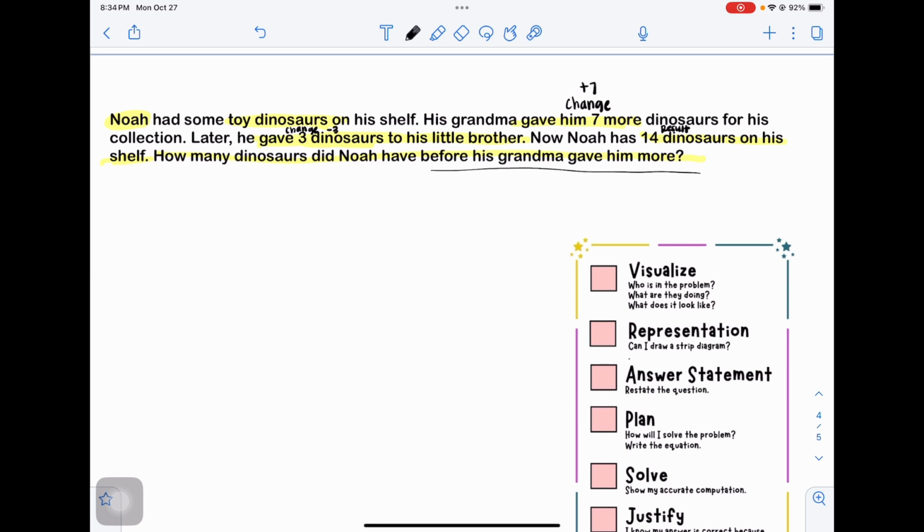Let's go ahead and set up our problem. We're going to go to visualize first. We have start, change, result. Let's fill in the information we do know. His grandma gave him 7 more dinosaurs. The first thing that's happening in our problem, so we're going to do plus 7.